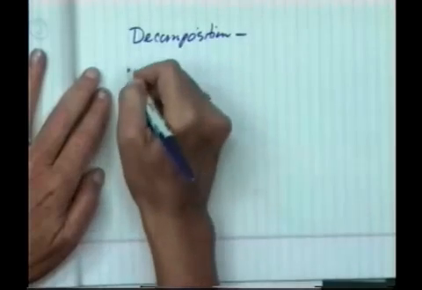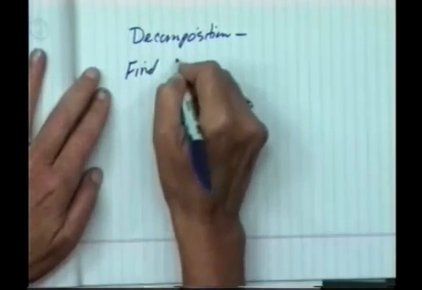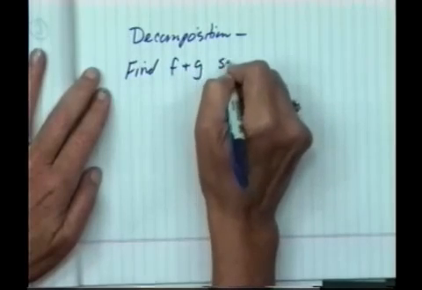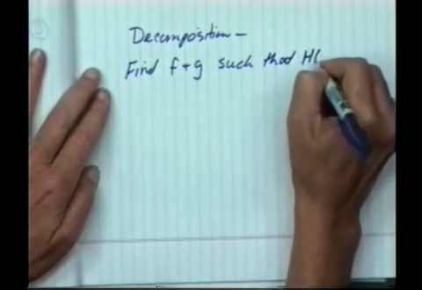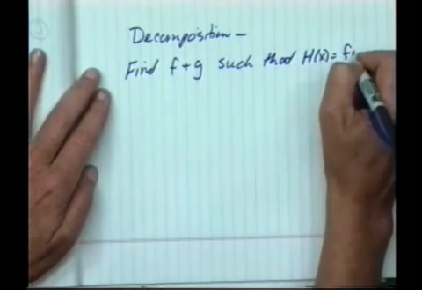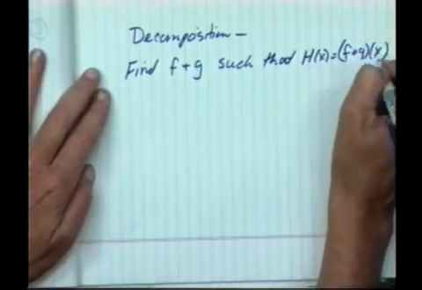Basically, you're going to find two functions, f and g, such that h of x is equal to the composition of f and g at x. That's basically the way the problem works.